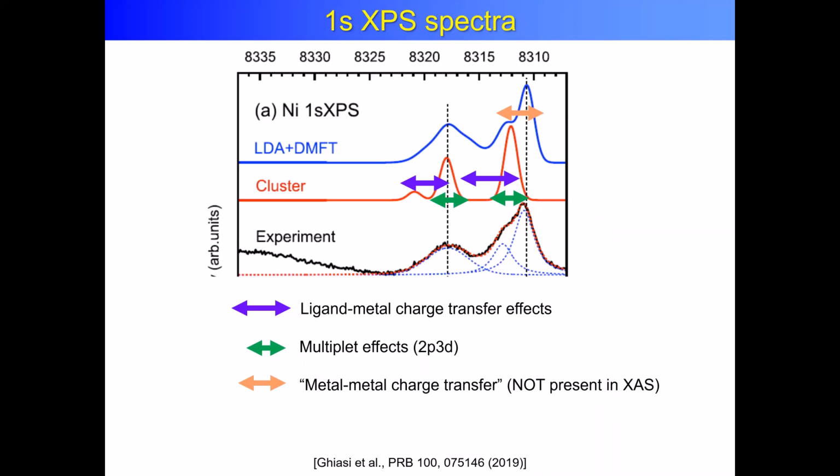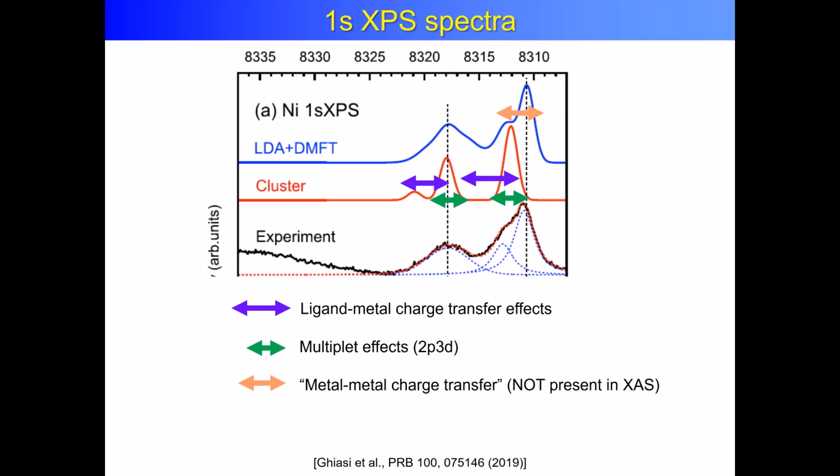This screening channel is not present in X-ray absorption. It's normally weak, but in XPS it gets stronger due to the strong screening processes. At the bottom you see your experiment, and then you can see that the dynamical mean field theory and then projection to the cluster gives a very good description of your experiment. So that's nice.